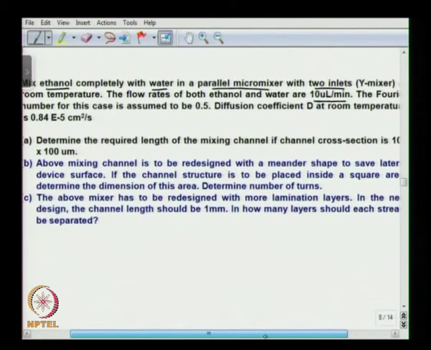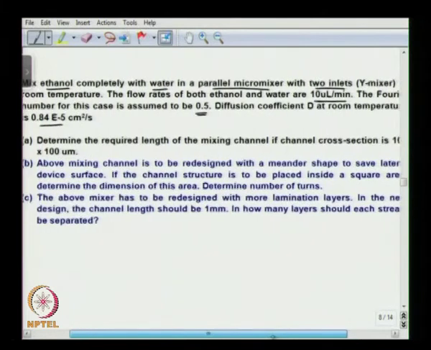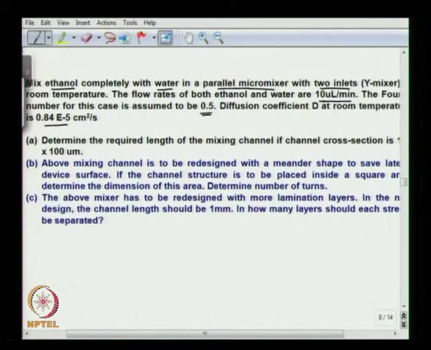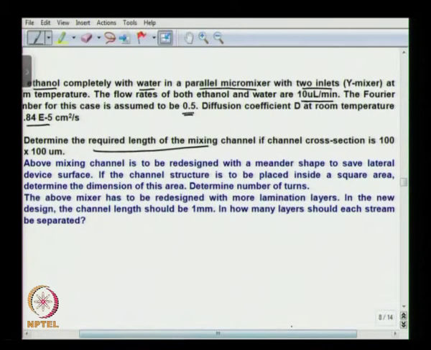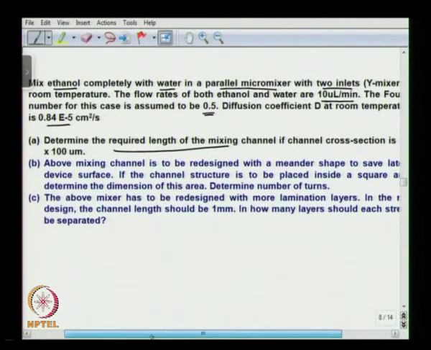The Fourier number for this case is assumed to be 0.5, and the diffusion coefficient at room temperature is given as 0.84 into 10 to the minus 5 centimeter square per second, and we want to determine the required length of the mixing channel if the channel cross section is 100 into 100 micron. Okay. So, we want to determine the required mixing length given the channel cross section is 100 micron square.